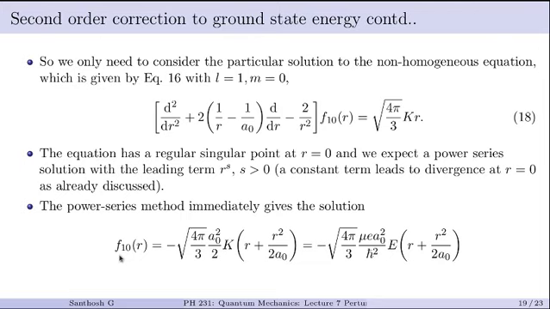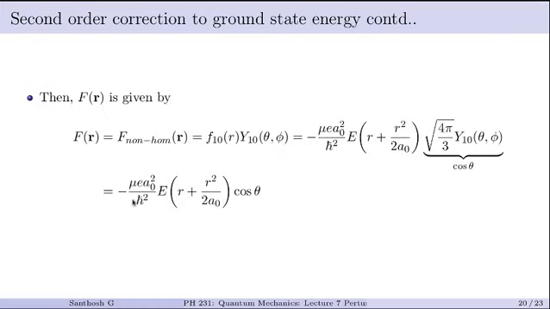Okay, so now that we have got the solution for f, which is non-zero only for L equal to 1 and M equal to 0, the general solution for f can now be written as f10 times Y10, but Y10 we already know is proportional to cos theta, so we can write our expression substituting for Y10 over here.